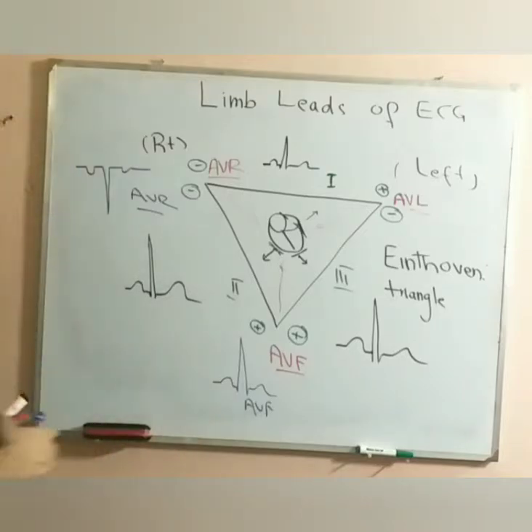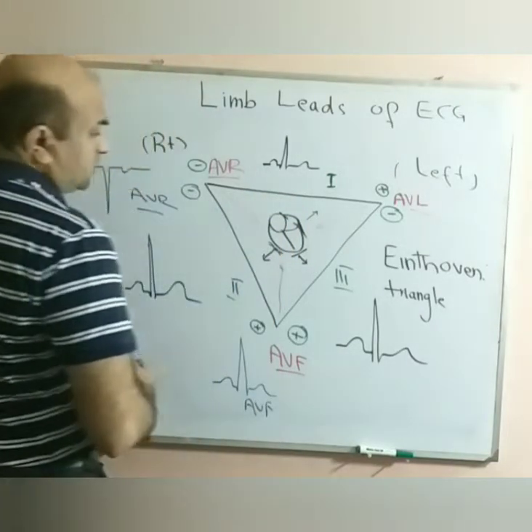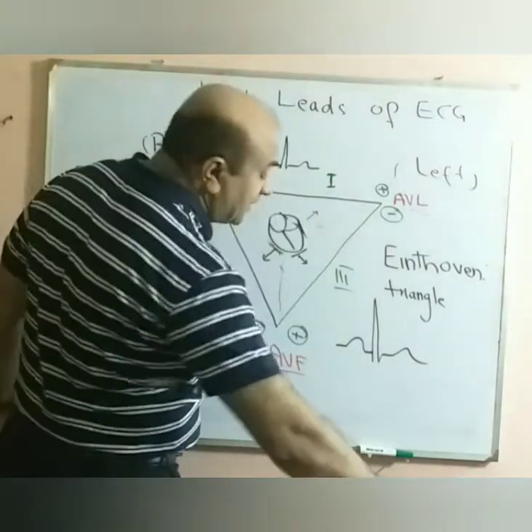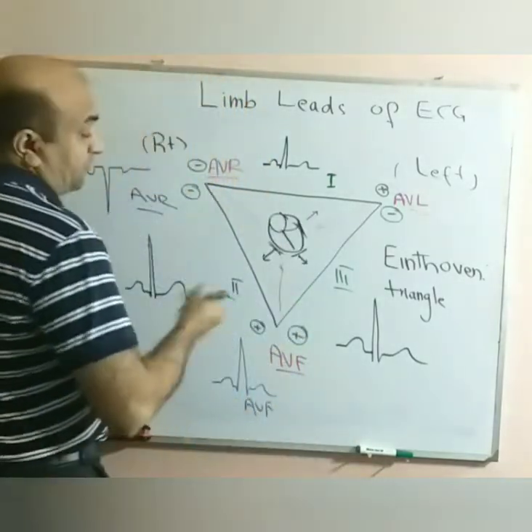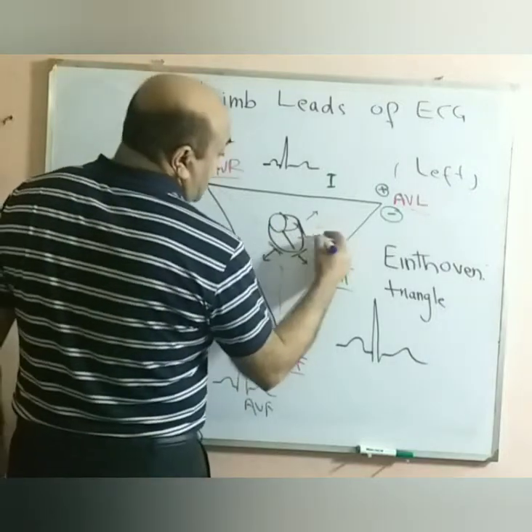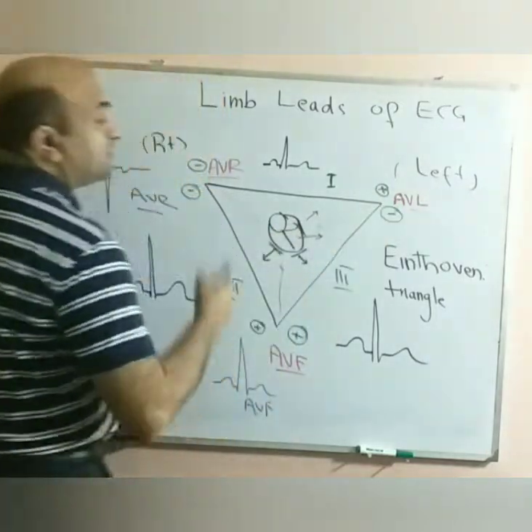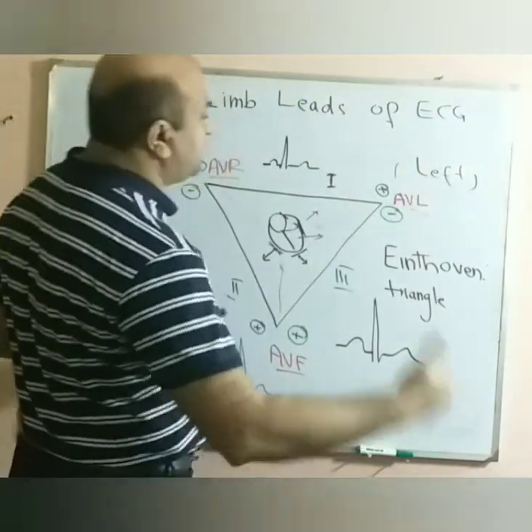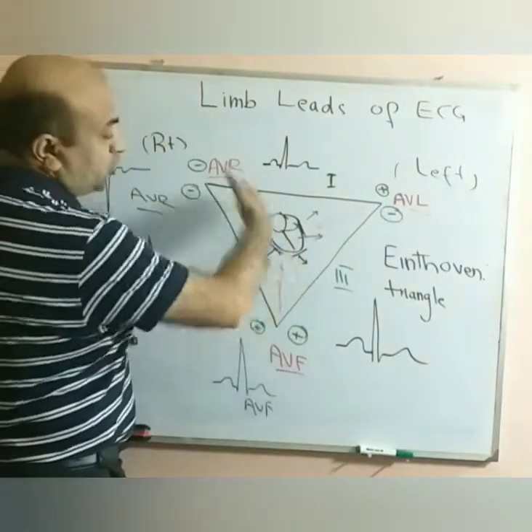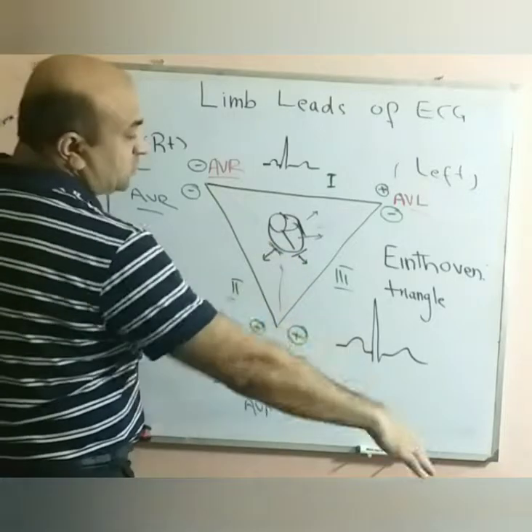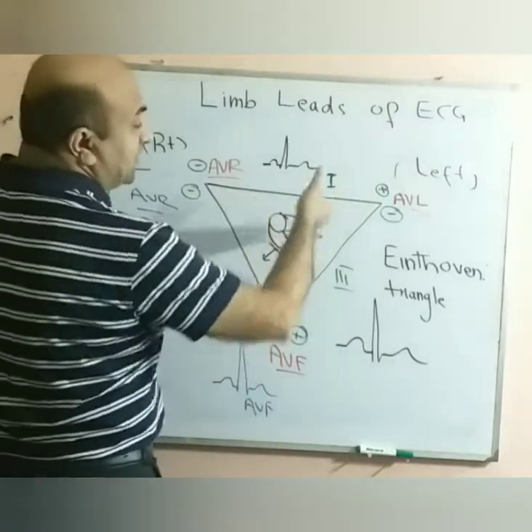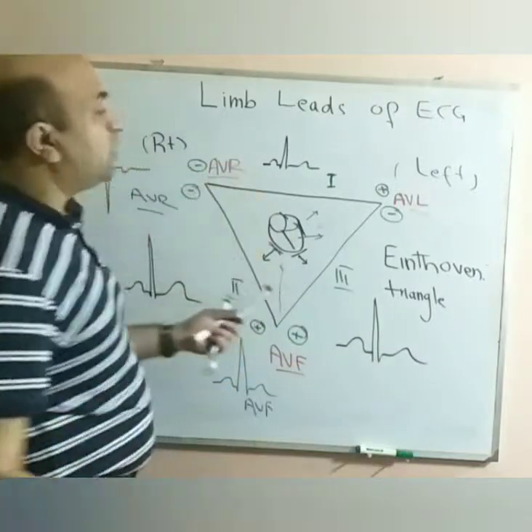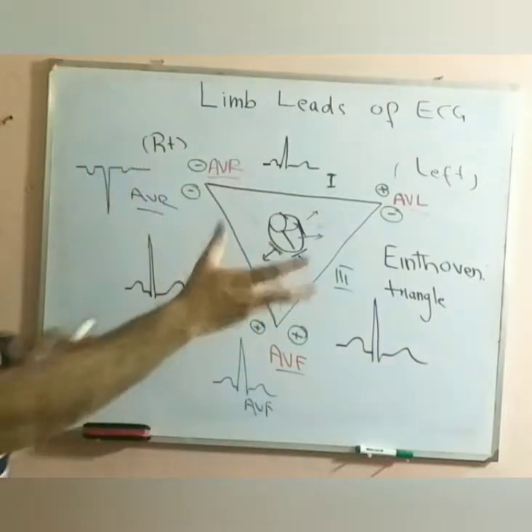So here we come to the lead AVL, because the net flow of the electrical activity is leftward and downward, but the electrical activity does go towards AVL. The AVL is positive, but sometimes it is as positive as it is negative, because the majority of the wave of depolarization is going this way, perpendicular to AVL. So AVL sees it coming towards it and going away from it in equal amounts.